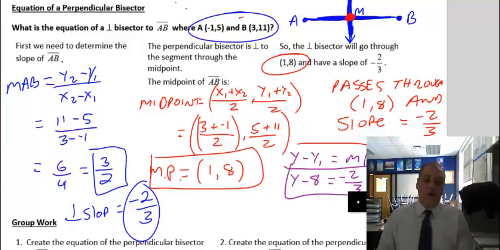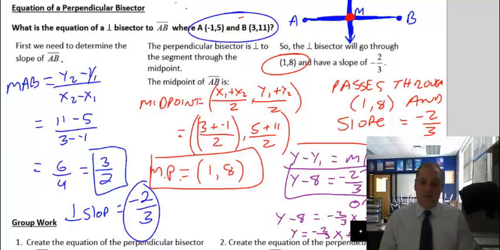Or you could multiply it all out. You get y minus 8 equals negative 2/3 x plus 2/3 if you distributed through, and then add 8. So you'd have y equals negative 2/3 x plus 8 2/3, whatever that comes out to be.